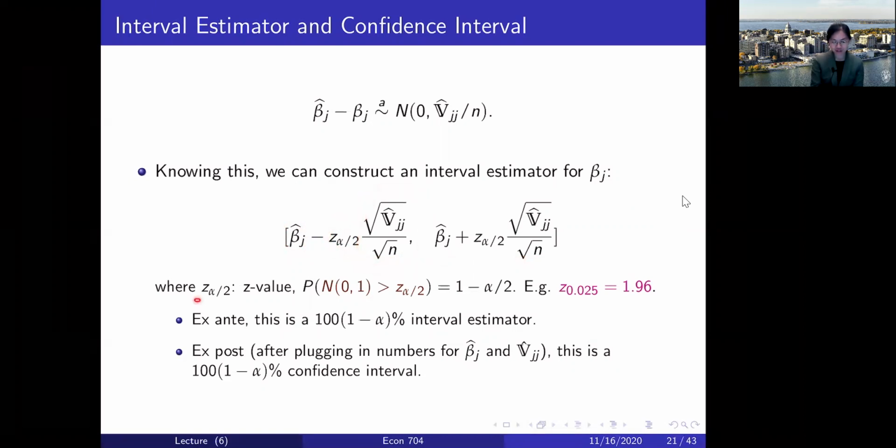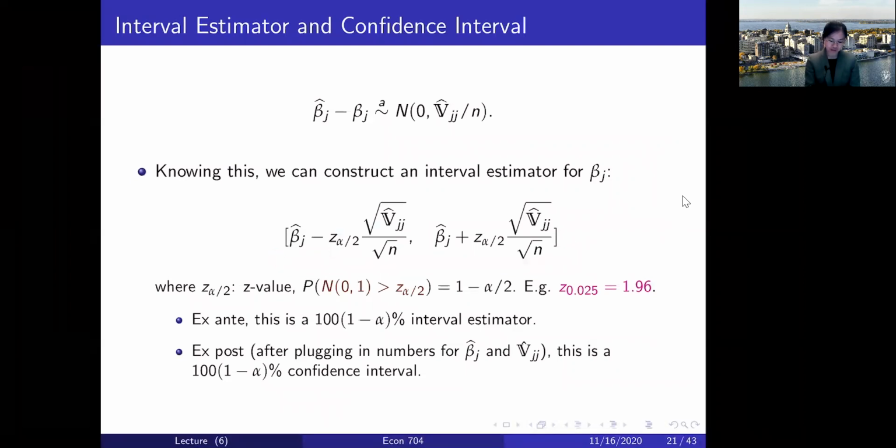The z-score is the 1 minus alpha over 2 quantile of the standard normal distribution. So this interval estimator should approximately cover the true value of beta j with probability 1 minus alpha.